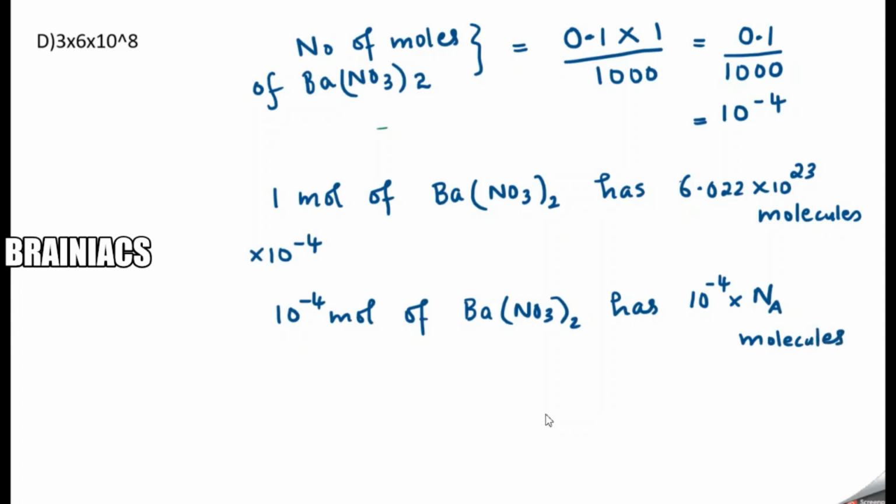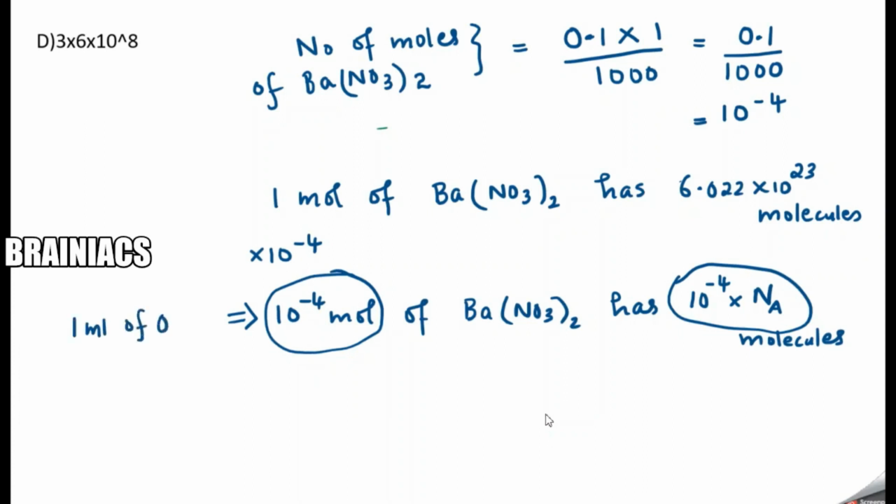Now we know that this many moles are there, correct? So 10 power minus 4 mole has how many molecules? 10 power minus 4 into Na molecules. 10 power minus 4 mole is equal to 1 ml of 0.1 molar barium nitrate solution.